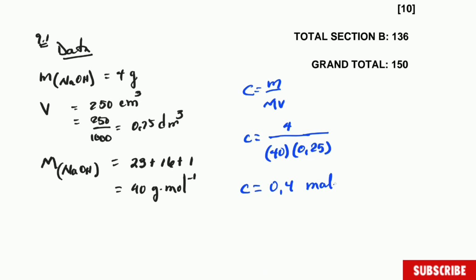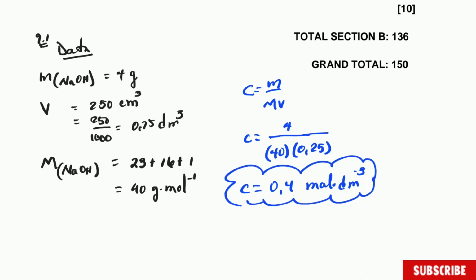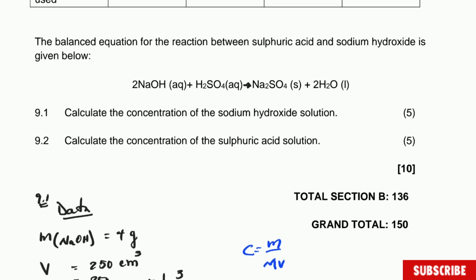Mole per cubic decimeter. That is the unit for concentration. Guys, we know now the concentration of the sodium hydroxide, which in this case is the base. So remember here, in this case, the sodium hydroxide is the base and the sulfuric acid is the acid.